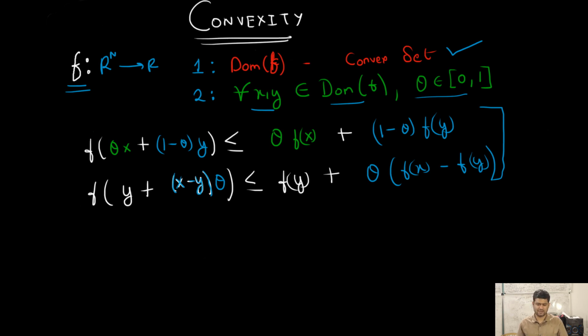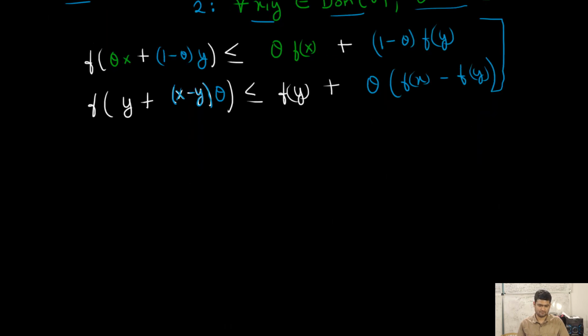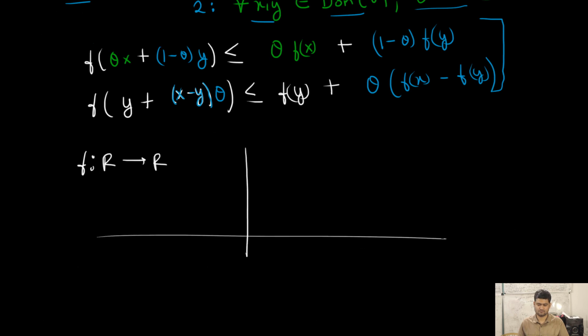So what does it graphically mean? Let's restrict ourselves to a scalar case. Let's assume that f is a mapping from a real scalar to a real scalar. So this is x and this is our f of x.